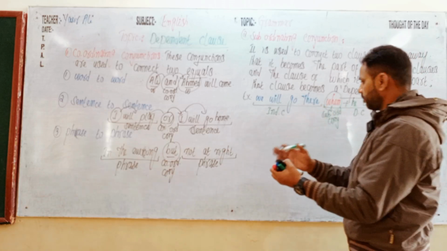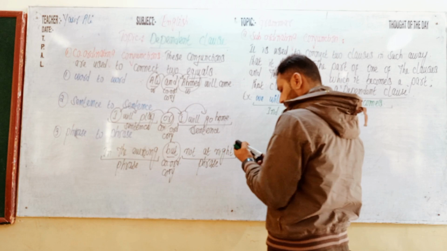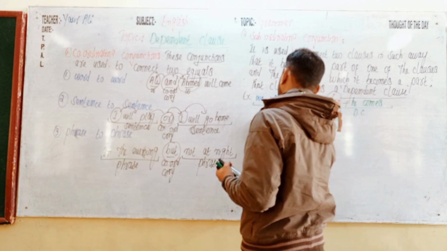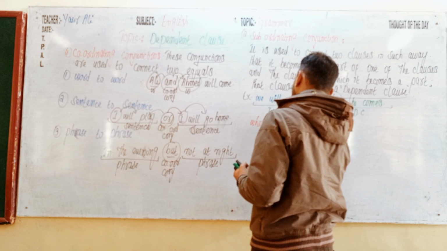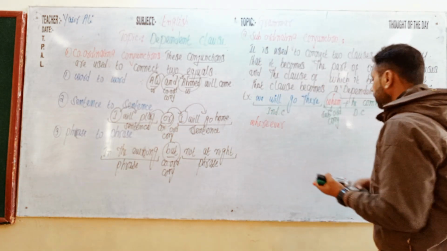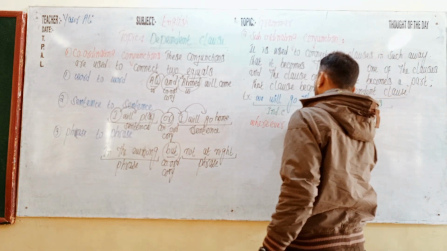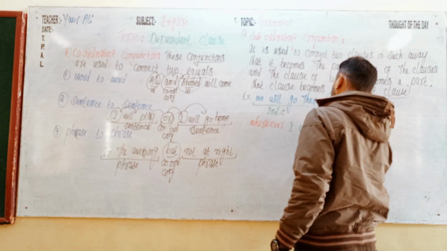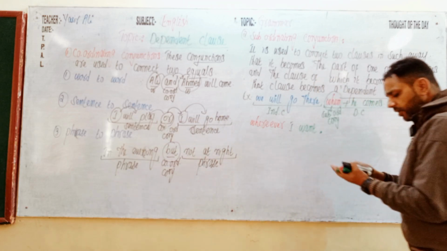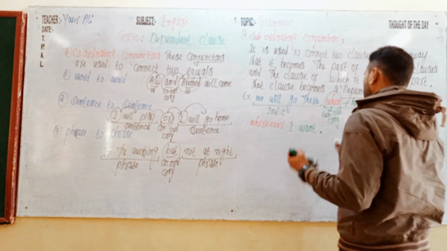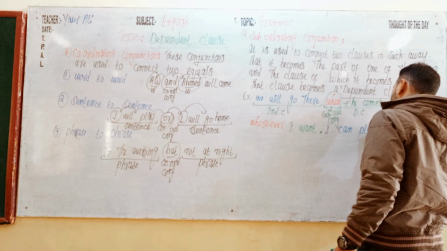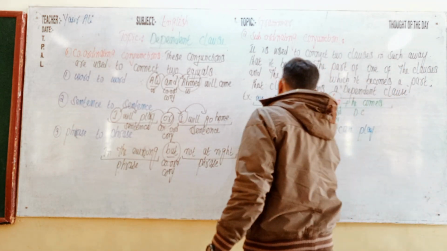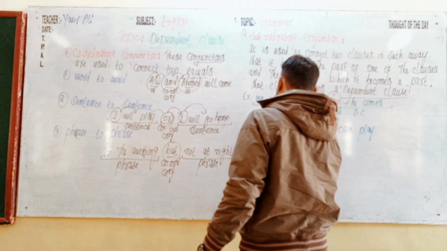Let me bring one example. Wherever I want, comma, wherever I want, I can play. Respectable students, now just say, right now I have brought my dependent clause.